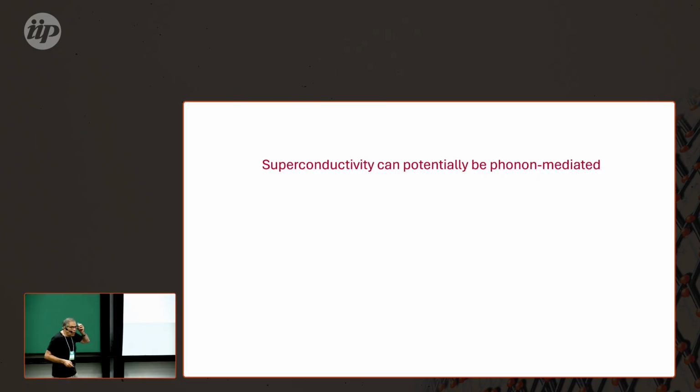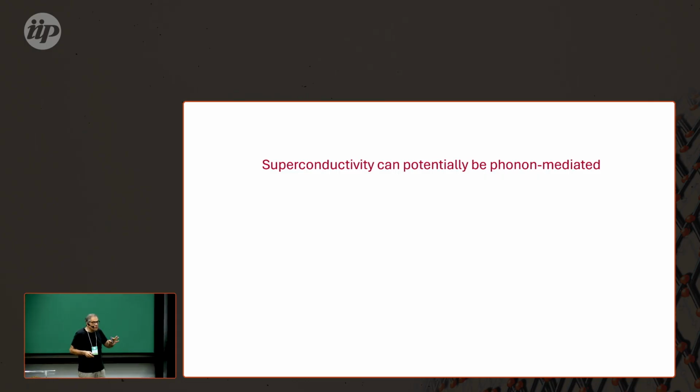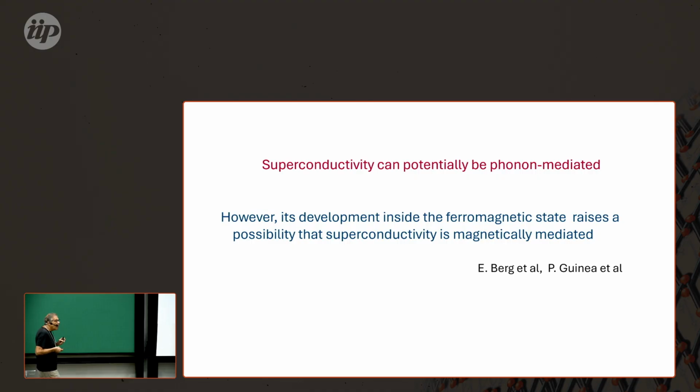Okay, so back to this business. Of course, superconductivity can be phonon-mediated. And we all know there's a part of the community working on graphene-based systems which advocates for phonon-mediated superconductivity. But the very fact that superconductivity develops near the border of ferromagnetism makes possible something that I'm sure will be discussed by Eslam and by Francisco Guinea.